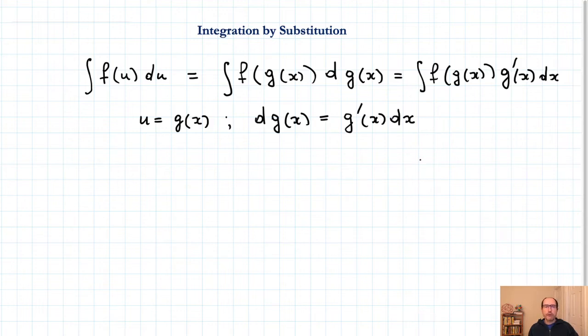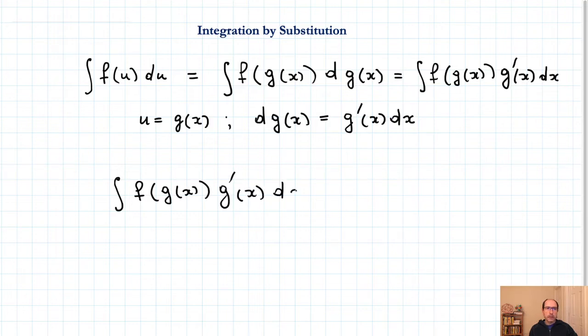Let me rewrite this formula in its final form from right to left. And so I would like to take the right hand side of this equality, the integral of f of g of x times g prime of x dx, equals the integral of f of u du, where u is equal to g of x.